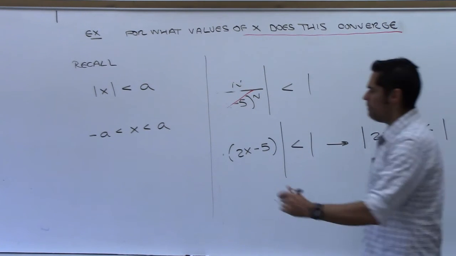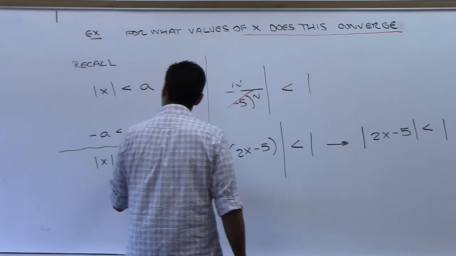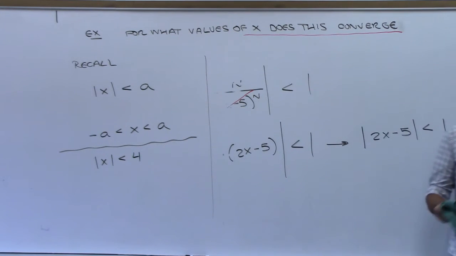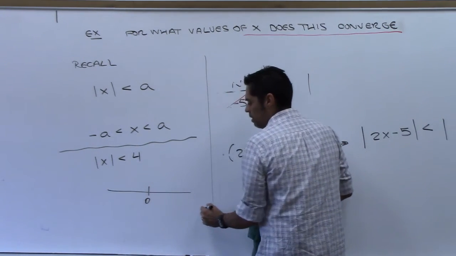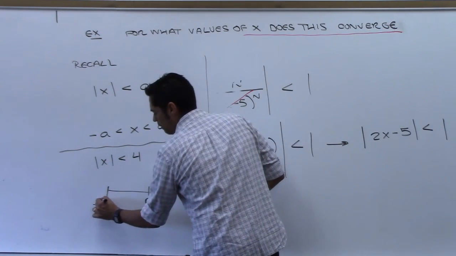I'll give you a specific example right here. If I say the absolute value of x has to be less than 4, then that means the distance between the origin and x has to be less than 4. So on a number line, here's the origin, here's 4, here's negative 4.